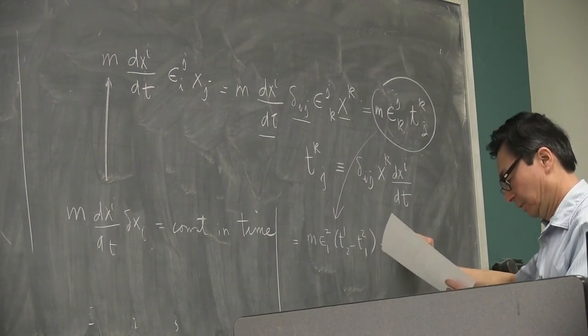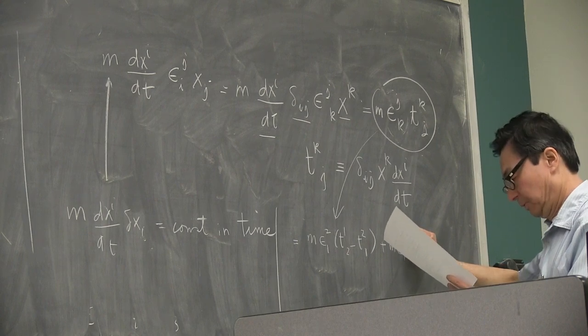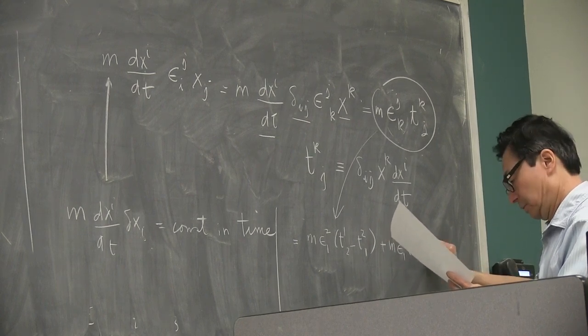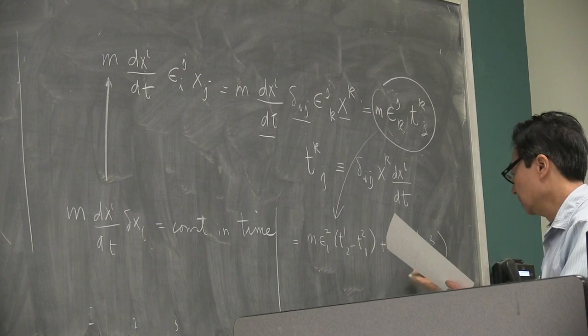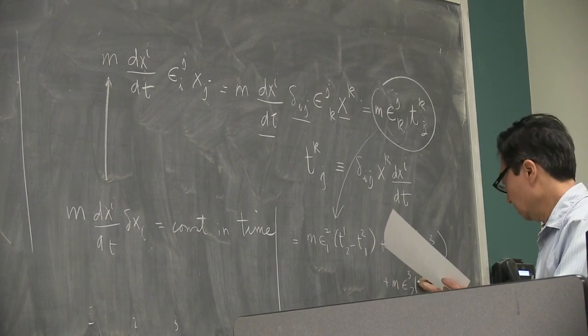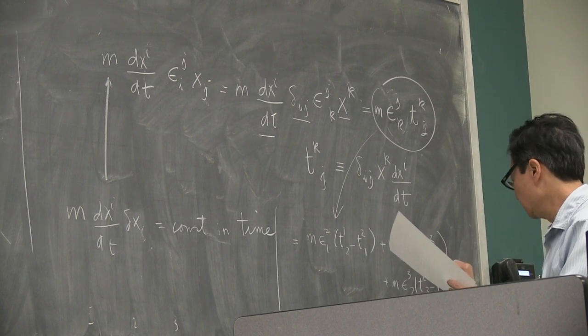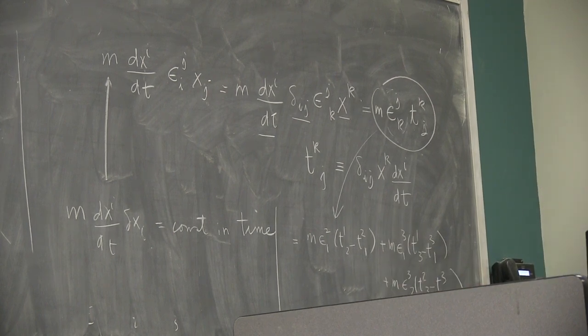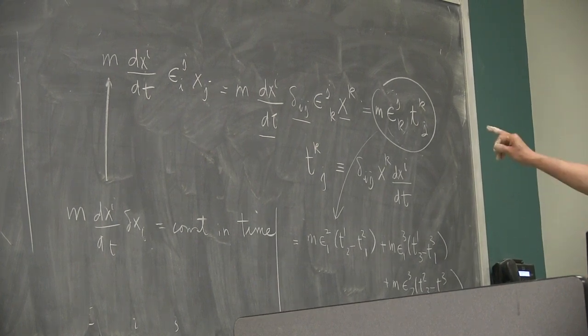Plus m epsilon_13 (T_13 minus T_31), plus m epsilon_32 (T_23 minus T_32). That's what this is equal to.